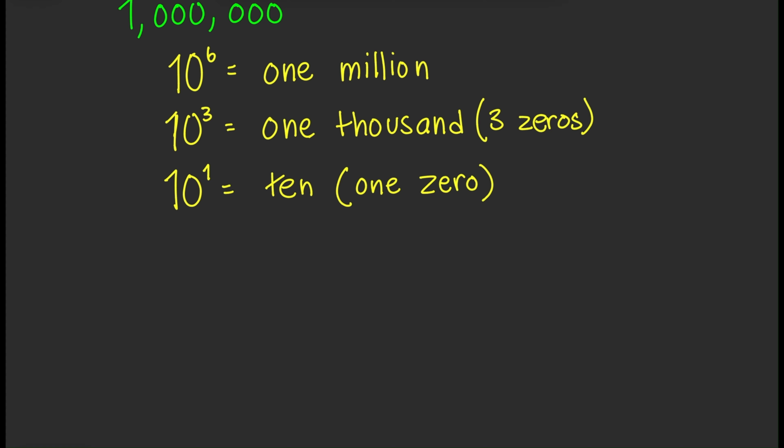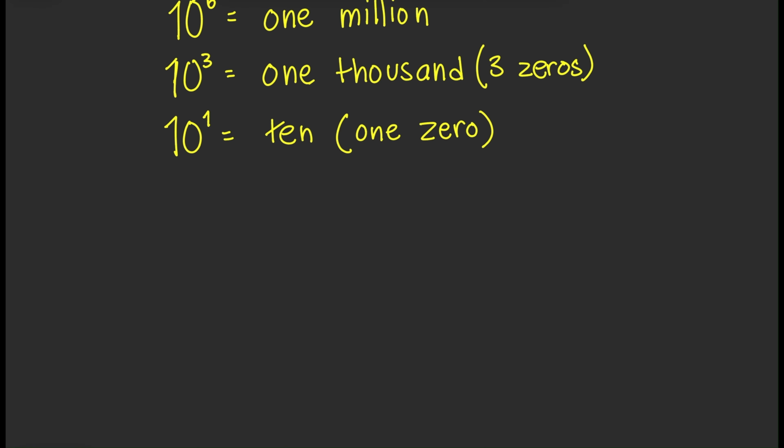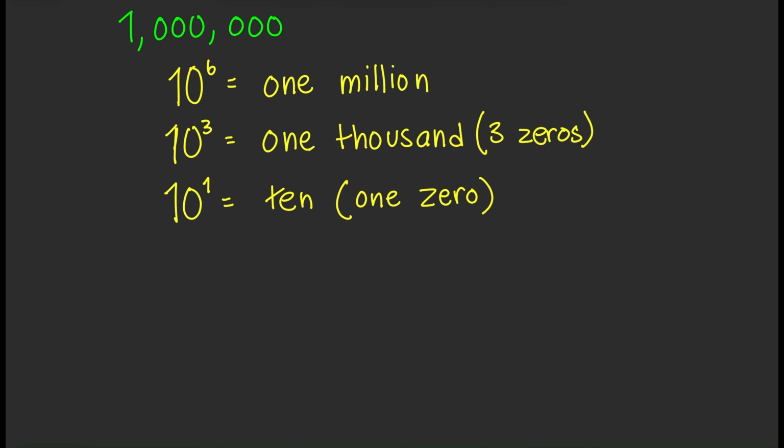So now let's look at the opposite. We'll call this section 2, and we'll look at the small numbers, the tiny numbers.